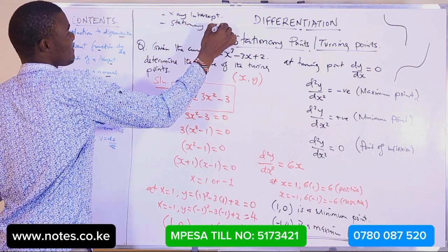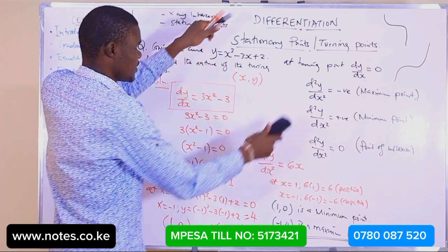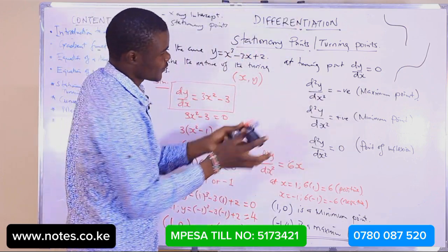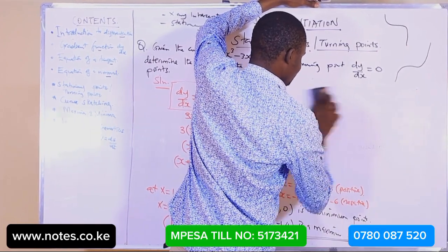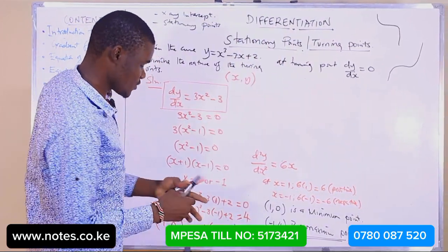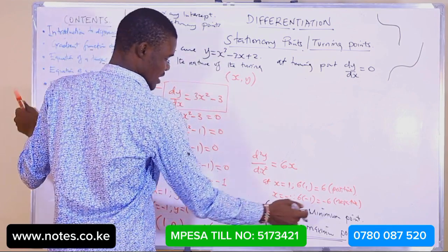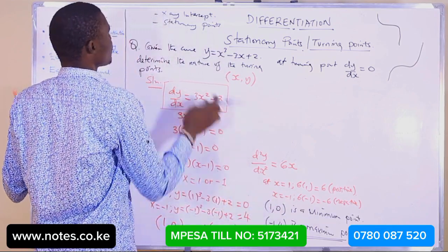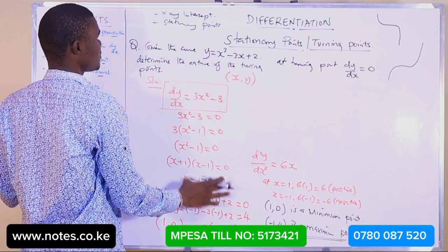You'll allow me to wrap this part so that we can sketch it here. So when we want to sketch this curve, we already have the stationary points here.